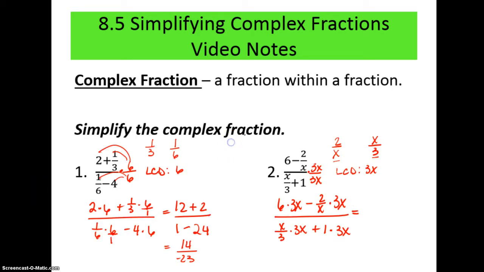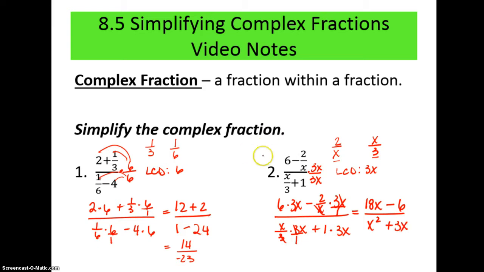Okay. When I clean that up, I get 18x. This is 3x over 1, so the x on bottom and the x on top cancel, minus 6 over here, 3x over 1, 3's cancel, x squared plus 3x.